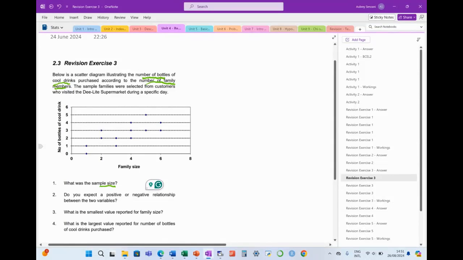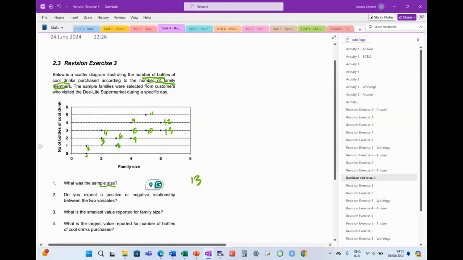For you to calculate that, you simply calculate how many people actually participated in the survey. So you count 1, 2, 3, 4, 5, 6, 7, 8, 9, 10, 11, 12, 13. So the sample size is 13.